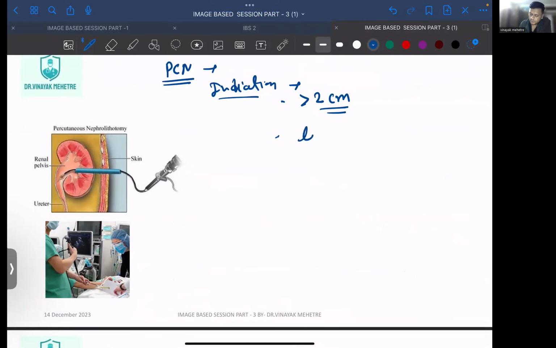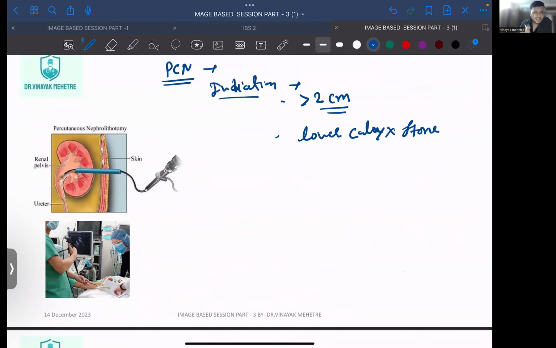So lower calyx stone, right? Patient is having obstruction, suppose here and here, that is called distal obstruction of kidney.